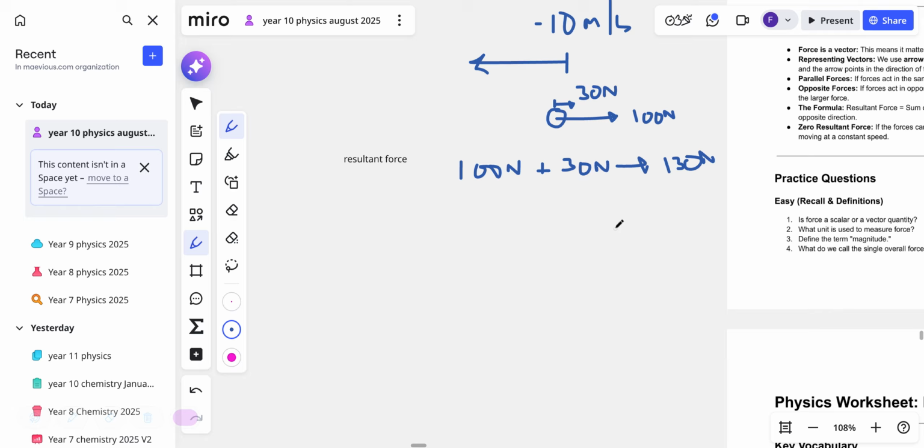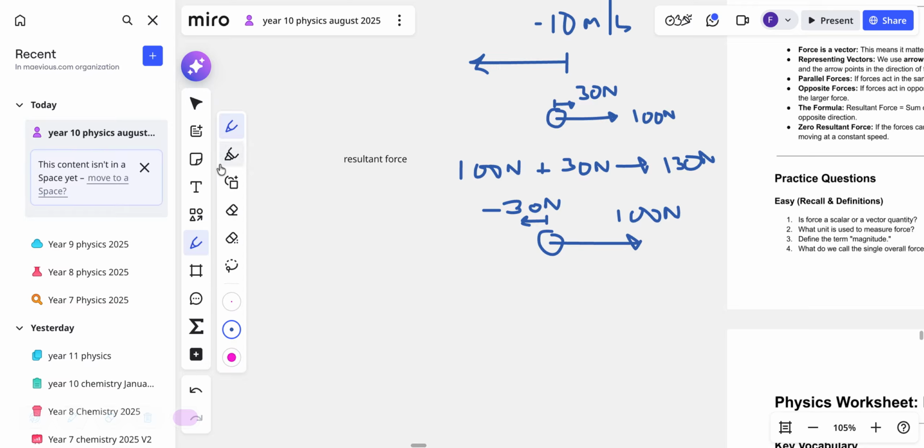Now, he's a bit of a naughty boy. Well, he's only young, he's not a naughty boy. I was pulling at 100 newtons, and he decided, oh, I'm going to chase that rabbit, and started pulling to the left at 30 newtons. Now, if you remember what I said, to the left is designated generally by minus.